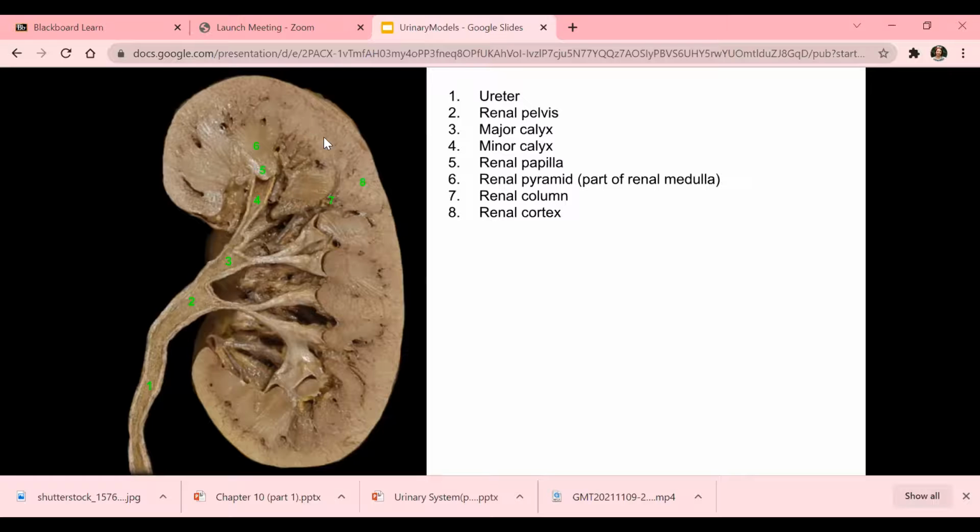And here you can see the cortex of the kidney. The spaces which you have here between the minor and major calyx are called sinus, renal sinus. In the living person, these parts are filled with adipose tissue.